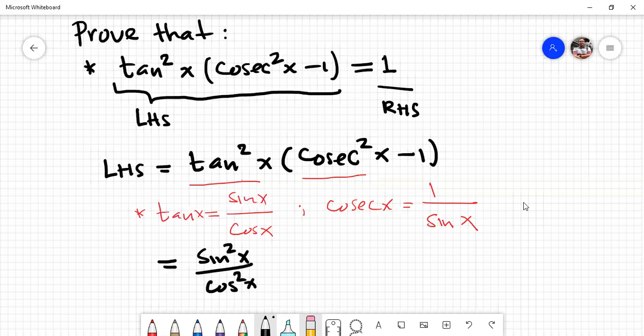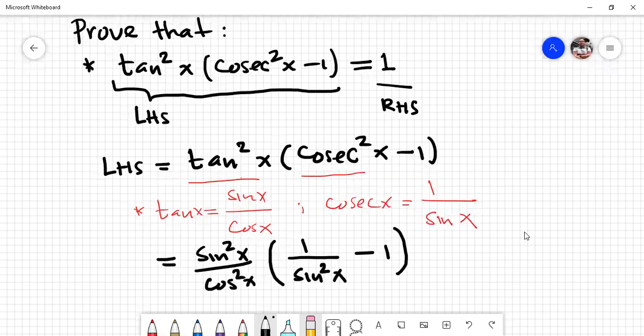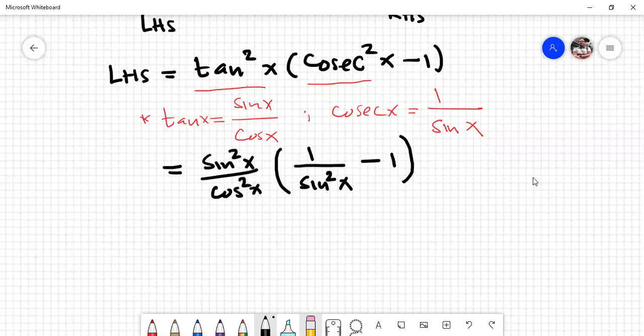It doesn't matter, that's the same thing. And this one as well, I make it 1 out of sine square x, minus 1. Now you can see that here. It's really clear.